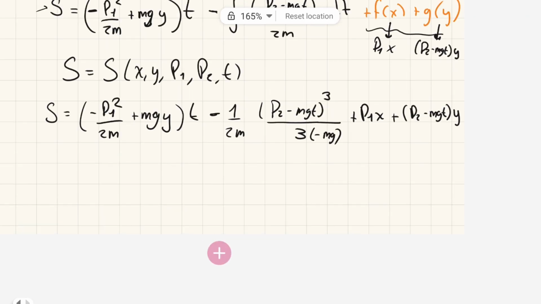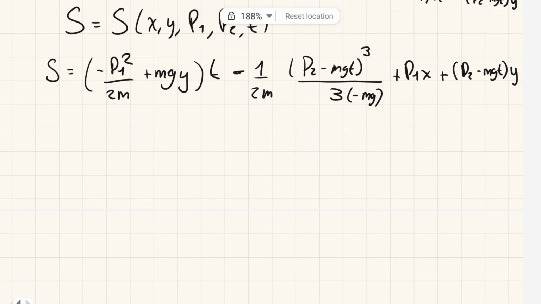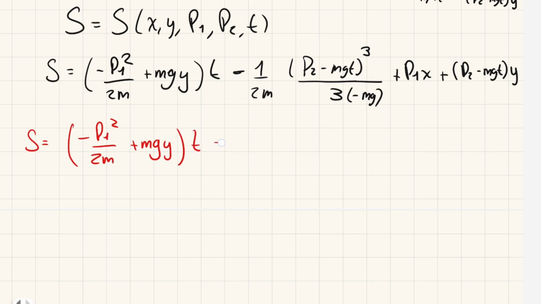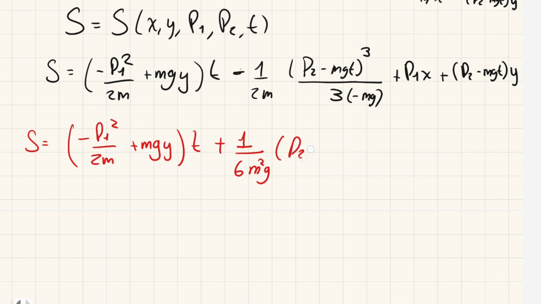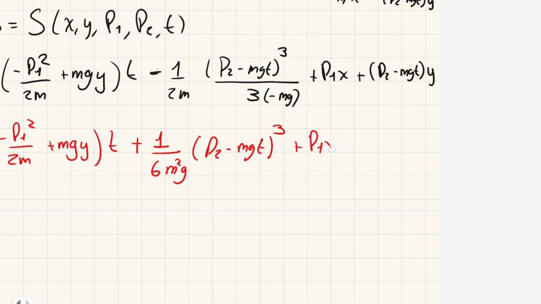Okay, and just to rewrite this in a more elegant way, let's say that s is equal to minus p1 squared divided by 2m plus mgyt, plus, this minus with this minus are going to be cancelled, 1 divided by 6m squared g times p2 minus mgt to the third power plus p1x plus p2 minus mgt y.